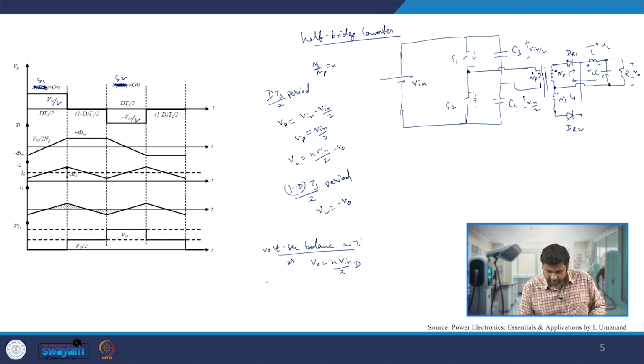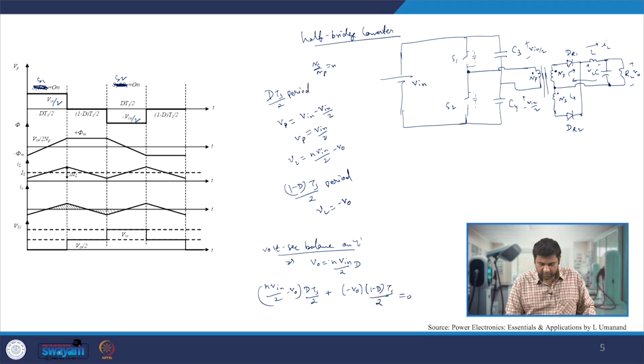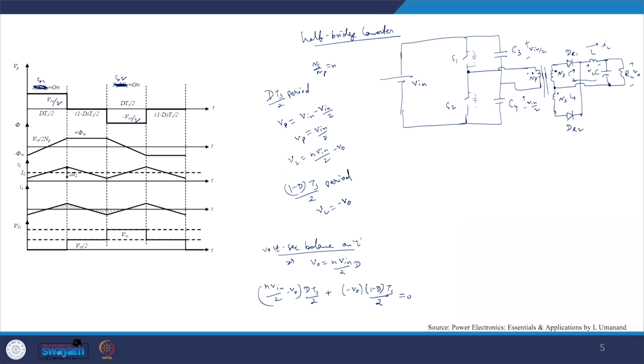We can write N V in by 2 minus V naught times d Ts by 2, and then minus V naught times 1 minus d Ts by 2 period, equal to 0, and when we rearrange, we get V naught equal to N V in by 2 D. And since when we turn on this S1 switch we are actually applying V in by 2 across the primary winding, that's why we have V in by 2 Np.